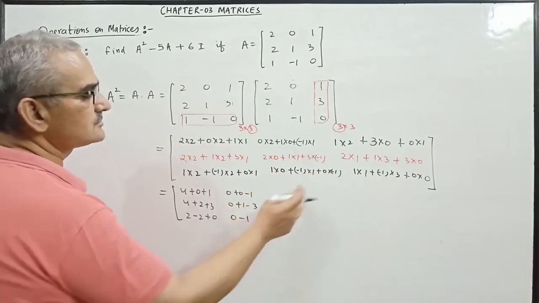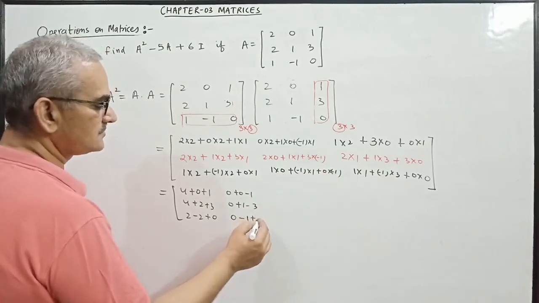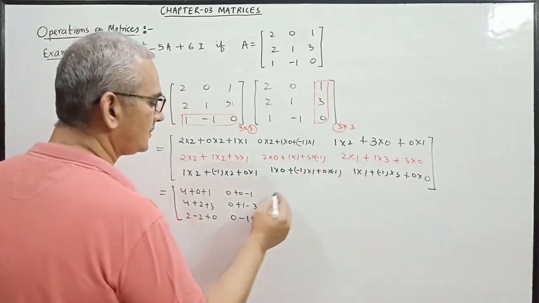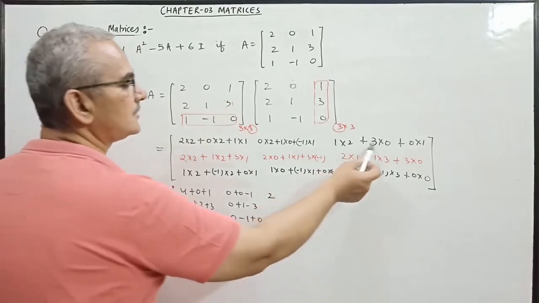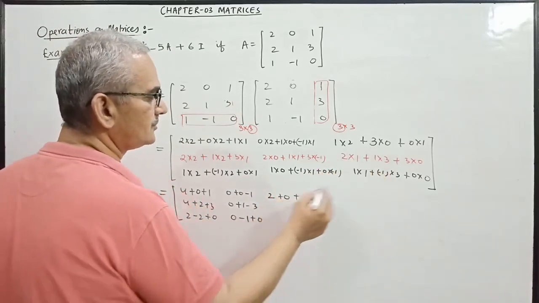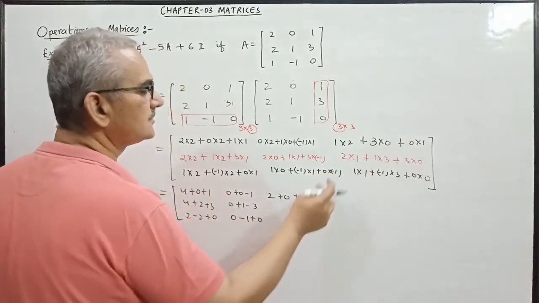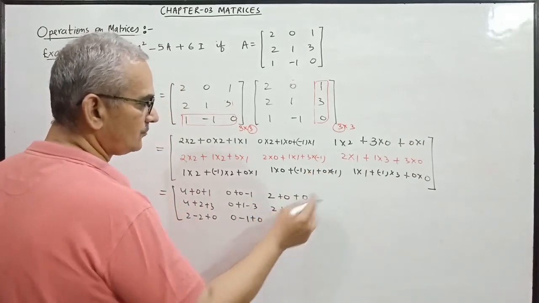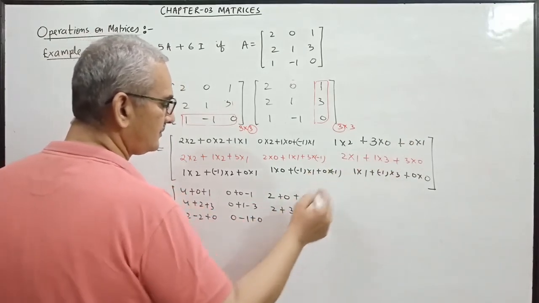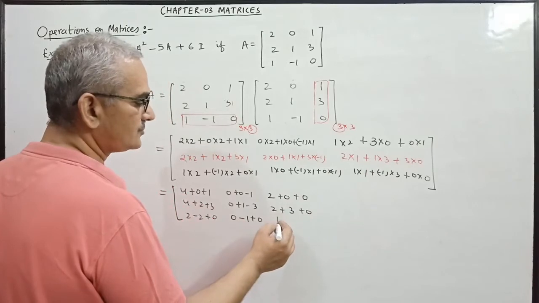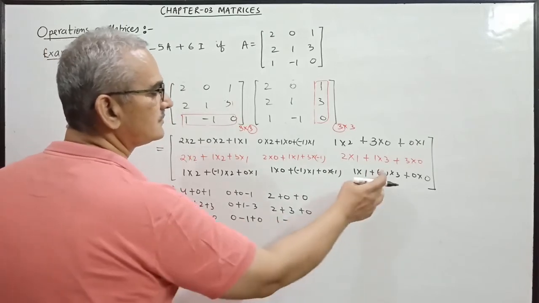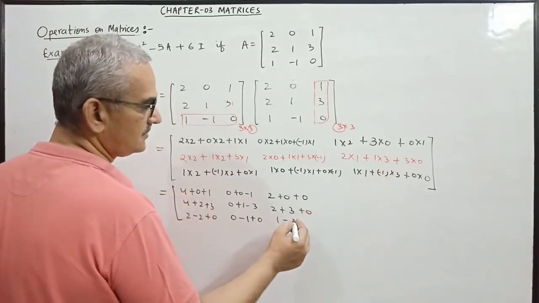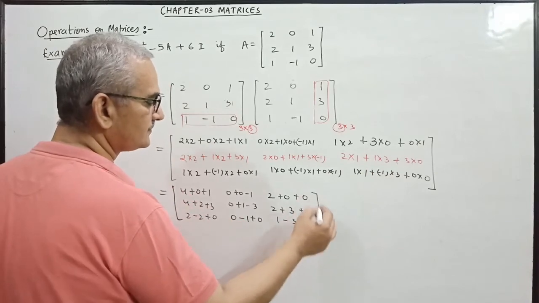Here we have minus 1, 0 into minus 1 is 0. Then 1 into 2 is 2, 3 into 0 is 0, 0 into 1 is 0. Then 1 into 3 is 3, 3 into 0 is 0, 1 into 1 is 1, then minus 1 into 3 is minus 3 plus 0.